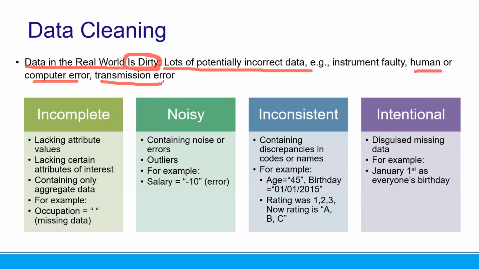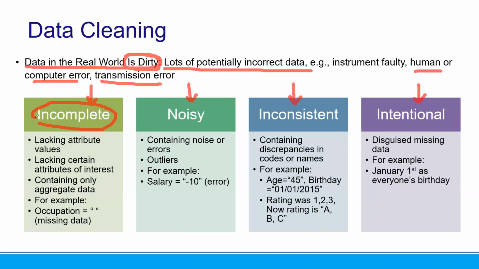Okay. So this kind of things, we can have 4 kind of cases. The first is incomplete, noisy, inconsistent, and intentional. So it represents the dirty data. The first, incomplete.